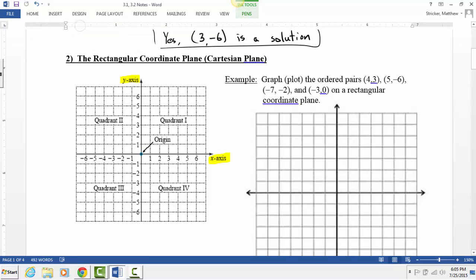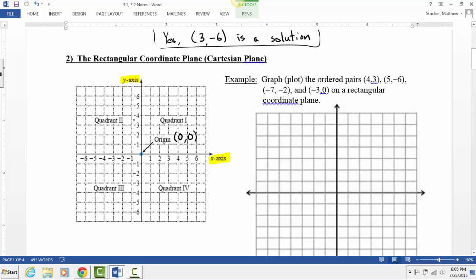In fact, that has its own ordered pair right there. The origin is the point 0, 0. That means x equals 0, y equals 0. So on the x-axis, 0 is here in the middle, and then we have positive numbers to the right, negative numbers to the left, just like the number line. And then on the y-axis, that's the vertical axis, we have 0 in the middle.